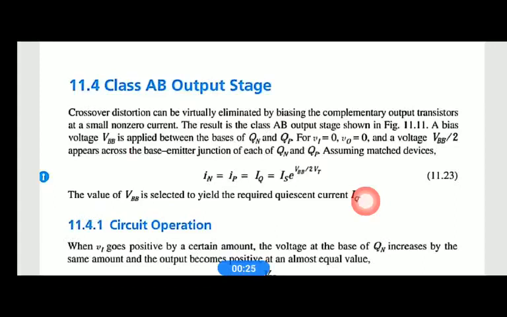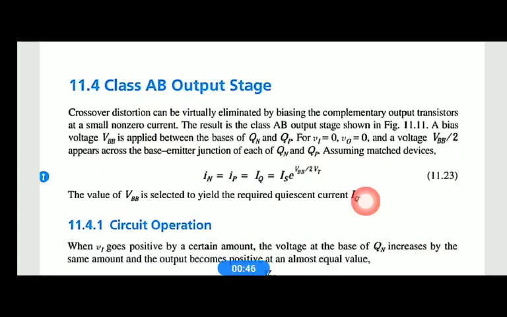So, as we discussed in a previous session, for class B amplifier, a class B output stage, there is a crossover distortion available, right?